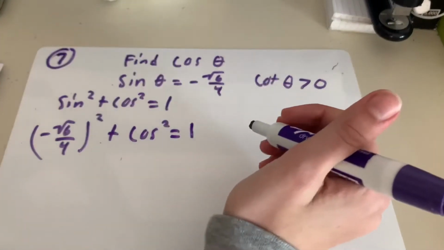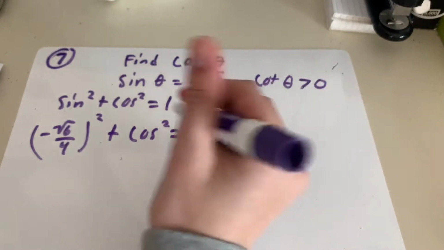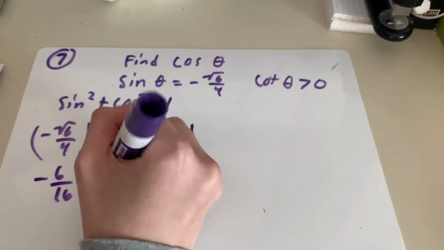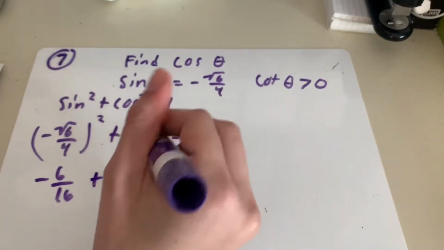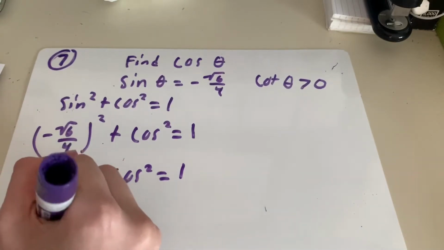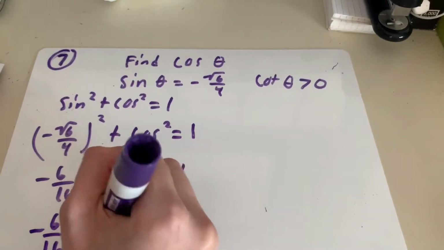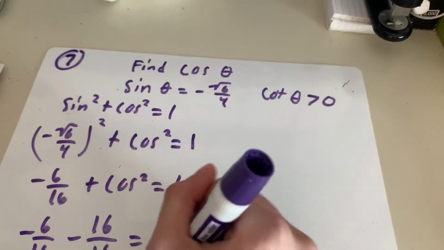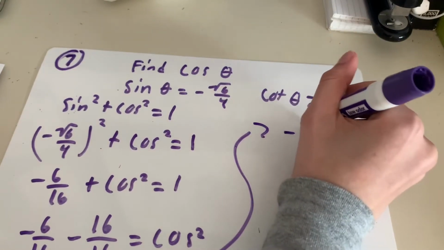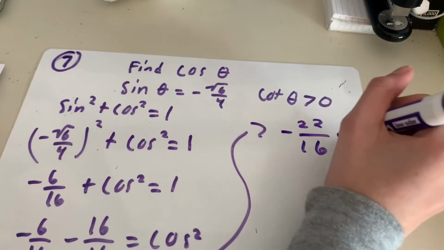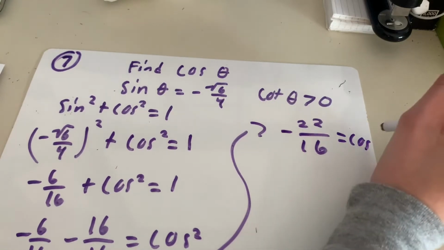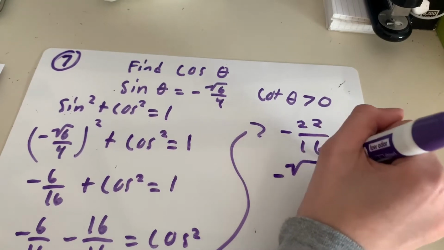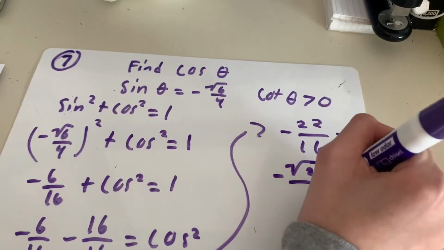Then I square negative radical 6 over 4 and get negative 6 over 16 plus cos squared equals 1, which is negative 6 over 16 minus 16 over 16 equals cos squared, which gives us negative 22 over 16 equals cos squared. Or negative radical 22 over 4 equals cos of theta.